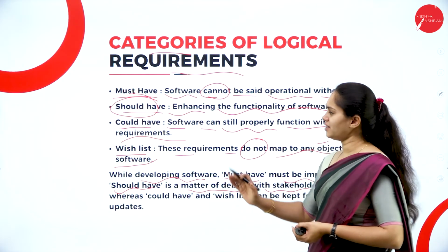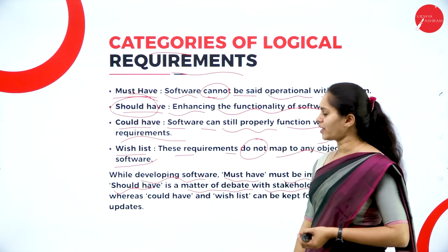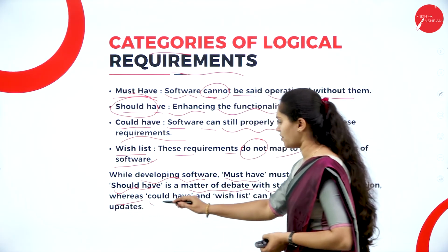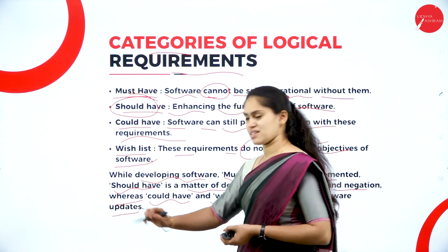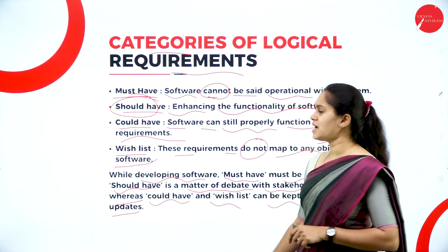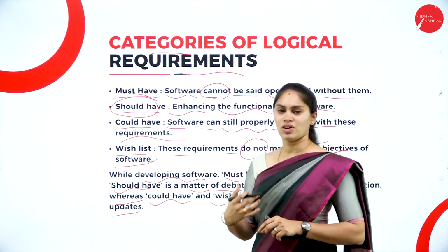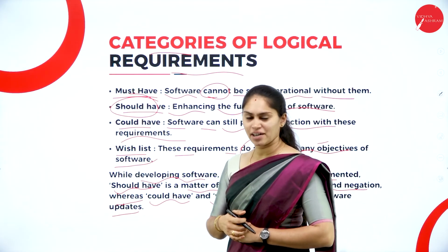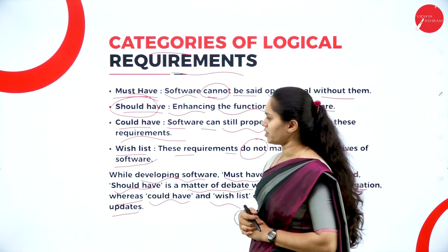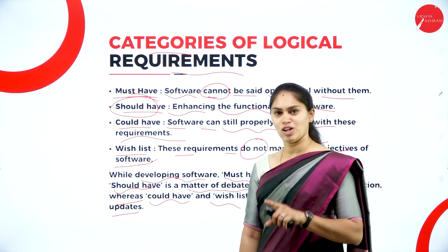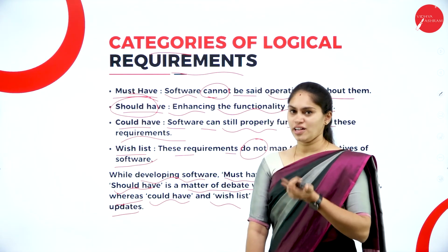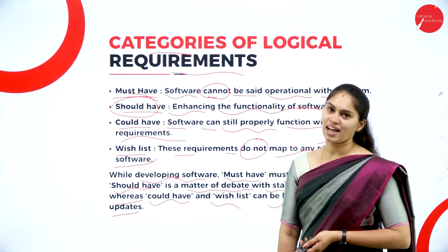If they say okay, then it will move to the must have category. And could have and wish list can be kept for software updates. As of now, we don't require this, but if we want an upgraded version of the software, whatever we have in could have and wish list needs to be incorporated logically to uphold its efficiency and effectiveness.